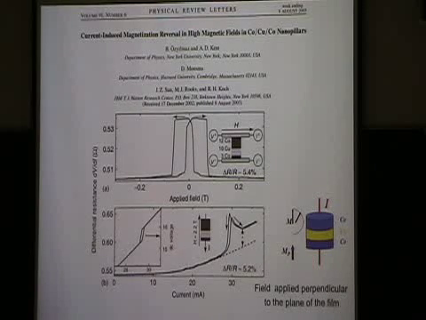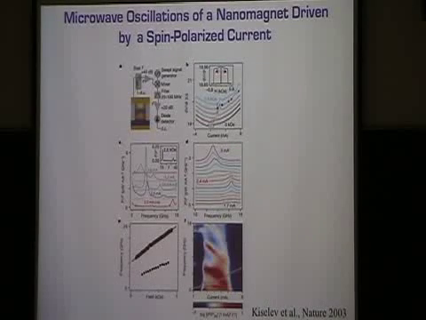The other experiment, which I think was very key, was a noise experiment. You apply a DC current to one of these pillars, and you look with a spectrum analyzer at the resulting voltage fluctuations.